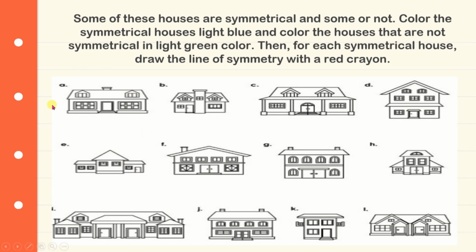Children, here the first house is symmetrical, so color it light blue. And the second house is asymmetrical, so color it green. Children, in the same way, identify asymmetrical and symmetrical houses and complete activity 11.